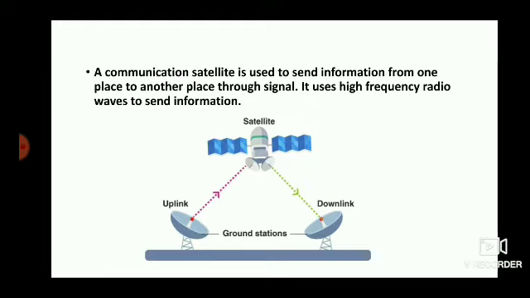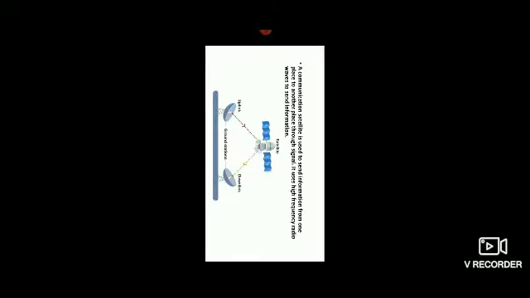And these are changed into signals which are sent and received by antennas connected to the artificial satellites. When this communication takes place between any two earth stations via satellite, it is known as communication through satellites.